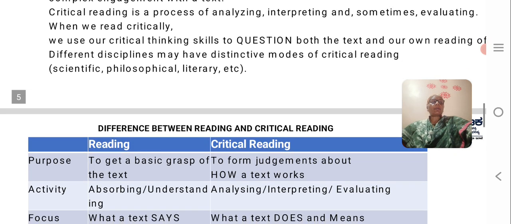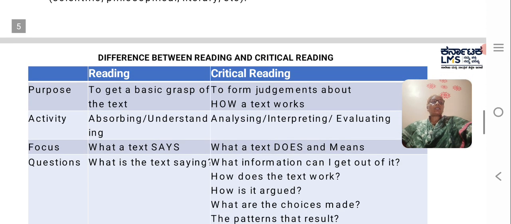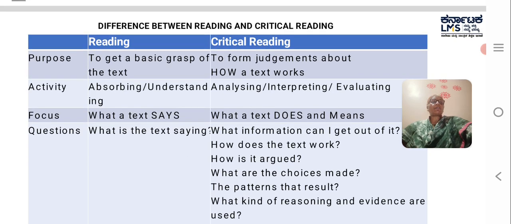Here is a table wherein the details regarding the difference between reading and critical reading are given. The purpose of reading is just to get a basic grasp of the text, whereas in critical reading, the purpose is to form judgments about how the text works.